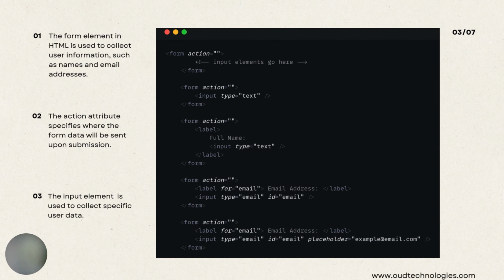I'm sure that's clear. And the last one we have is adding a placeholder, right? So placeholders go right here inside your input tag as an attribute. So the placeholder attribute basically gives users a hint of what that input tag expects, right? The data type that that input tag expects.